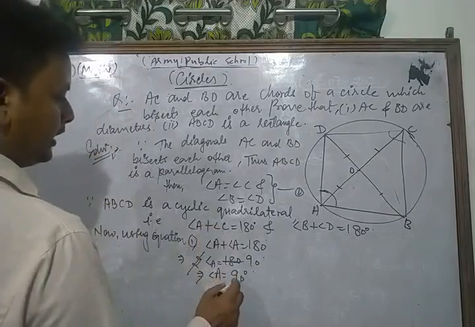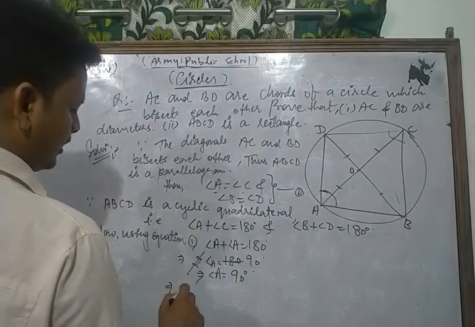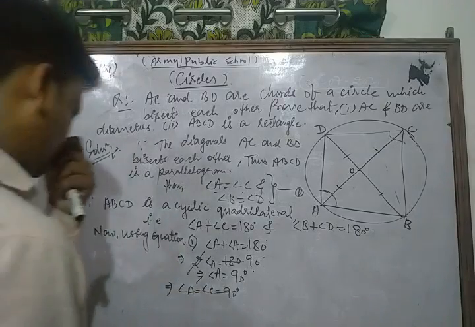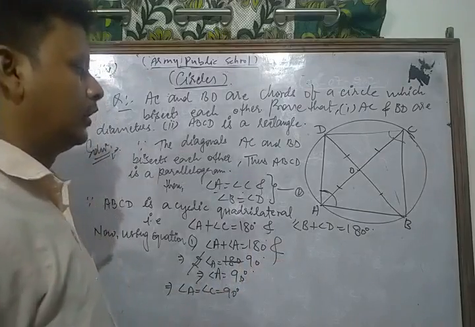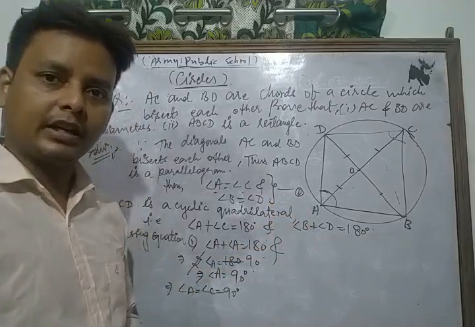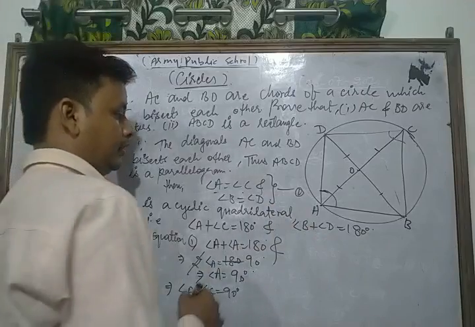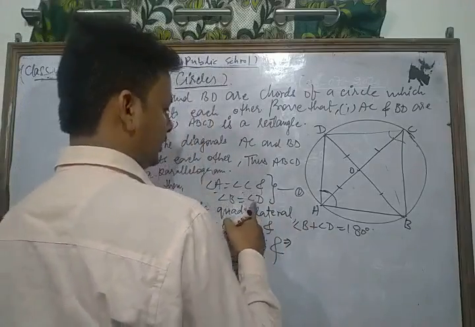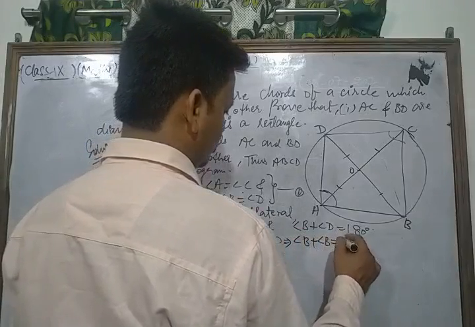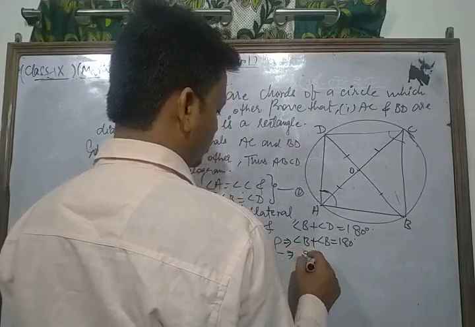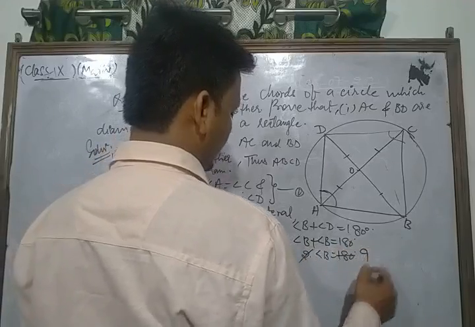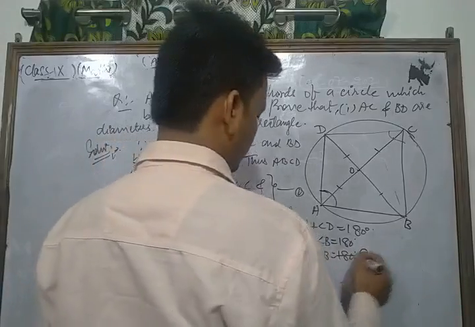Thus if angle A is equal to 90, so angle C is also equal to 90 degrees. Okay, now using equation 1, we put angle D as angle B, so angle B plus angle B is equal to 180, so 2 times angle B is equal to 180.